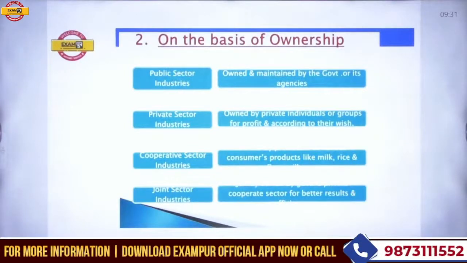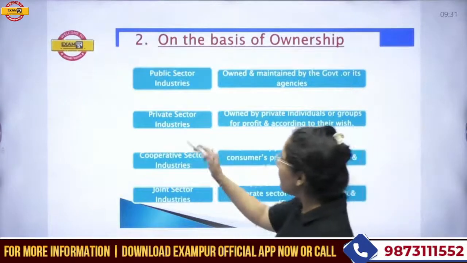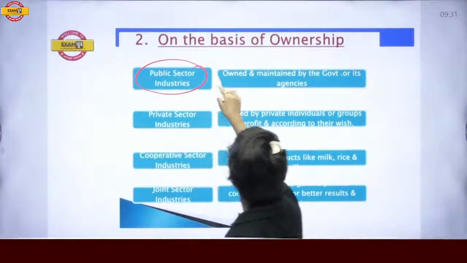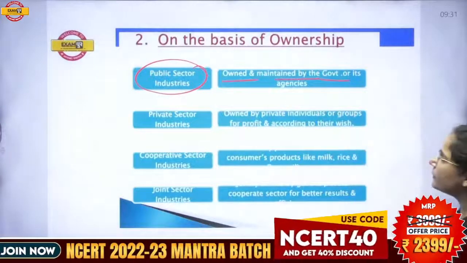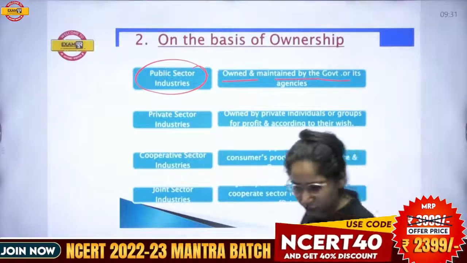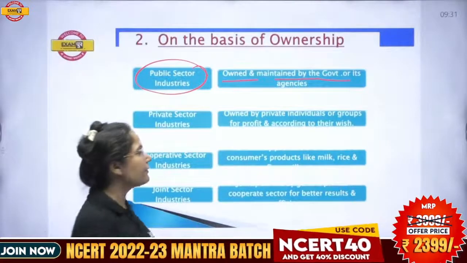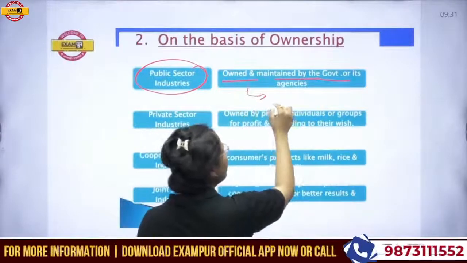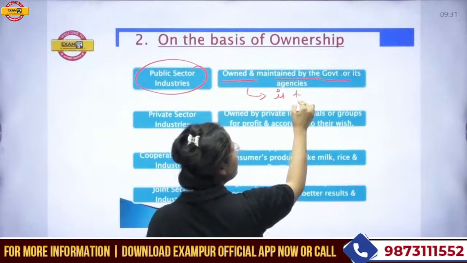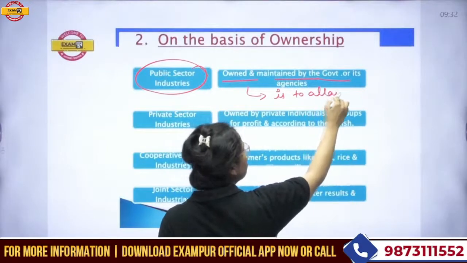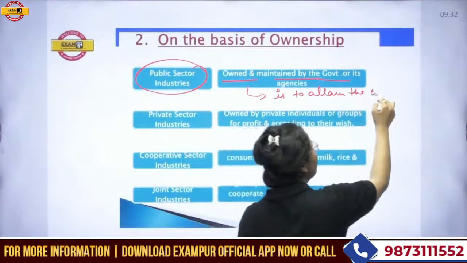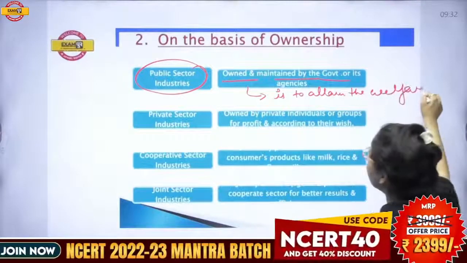Next is all about classification on the basis of ownership. What do we want to elaborate? Public sector industry, we want to talk, is owned and maintained by the government or its agencies. Things are undertaken by government, and the first and foremost motive of government is to attain welfare.